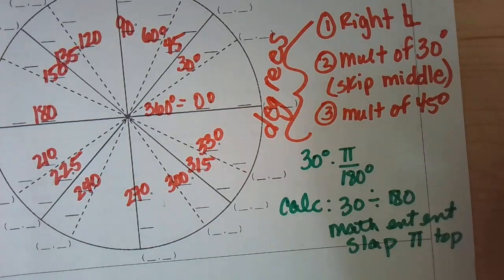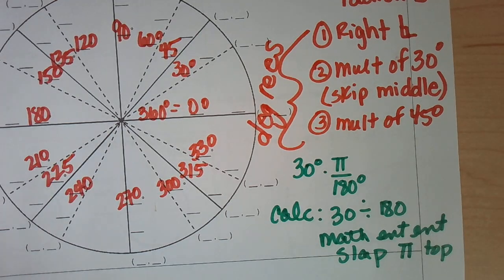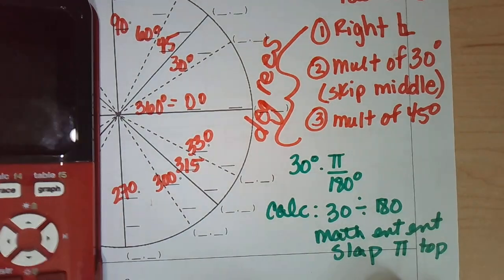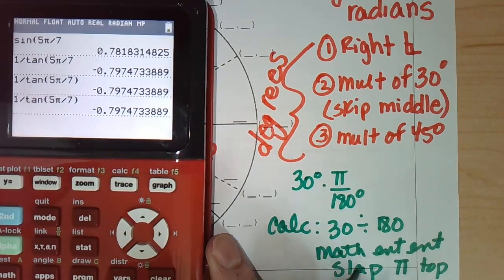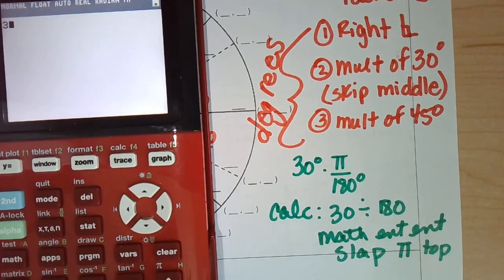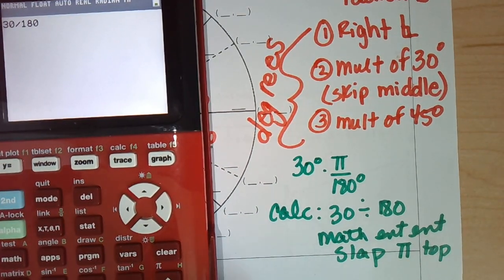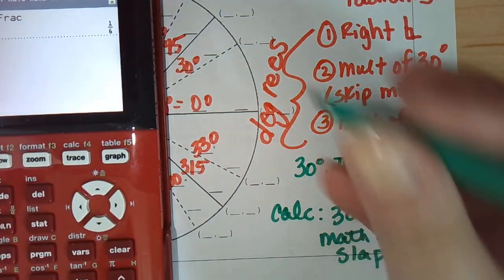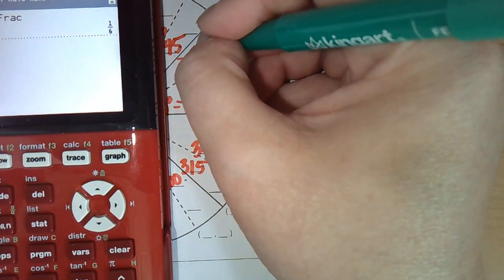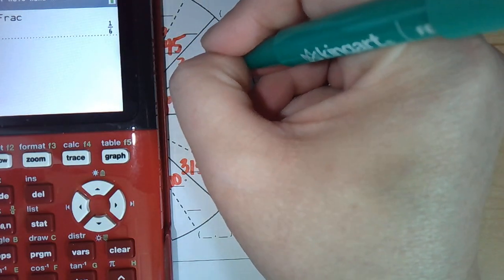Okay, so let's do this. Get our calculator out. And we're going to say 30 divided by 180. Math, enter. 1/6. And slap a pi on top. We're not going to keep the 1 up there, so we're just going to say pi over 6.